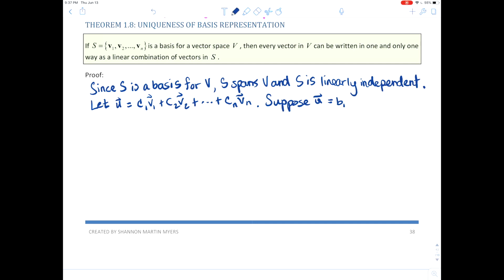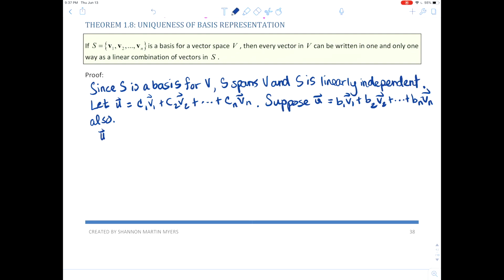Call it B1V1 plus B2V2 plus ... plus BNVN. Also. So again, remember the evil plan here, it says in one and only one way. So what we want to show is that C1 is B1, C2 is B2, etc. Okay? That's the evil plan.